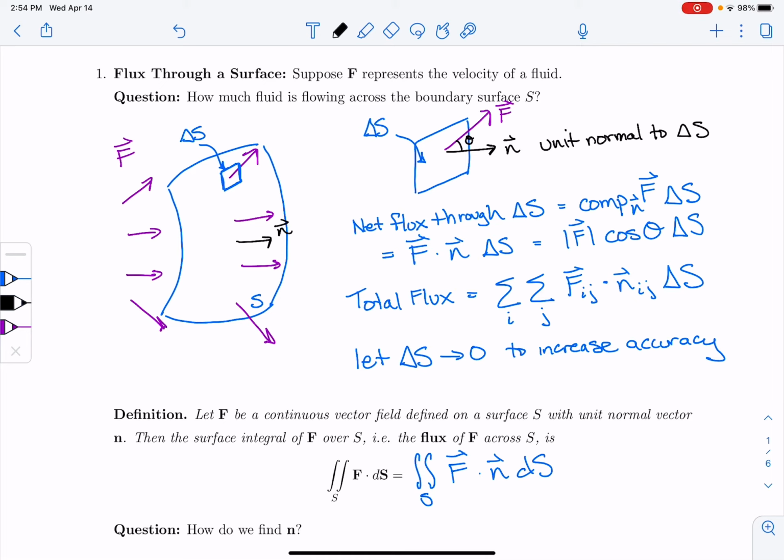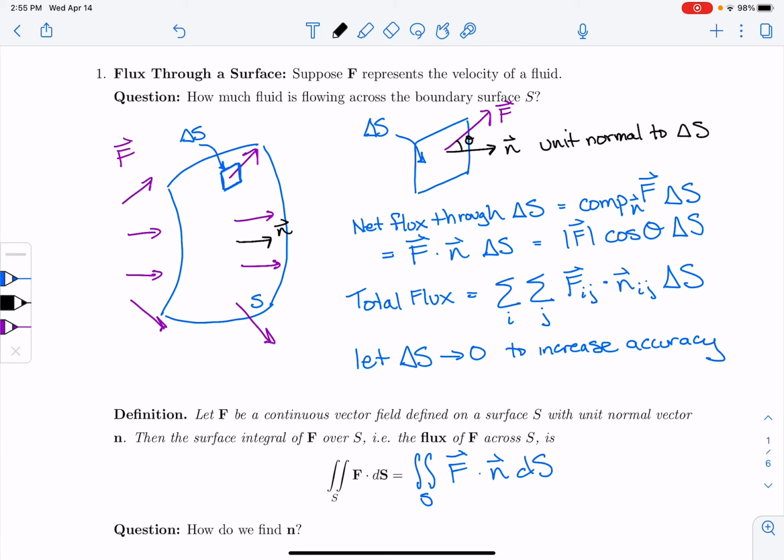There's also electric fluxes. That's for vector fields that represent the electric force. So there are lots of different types of fluxes that can be computed in physics and in fluid flow and other applications.